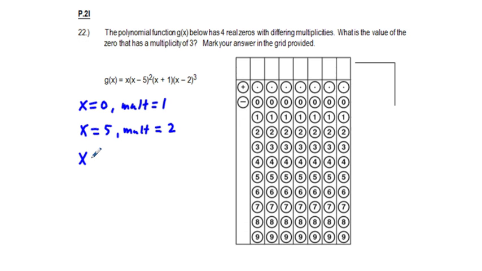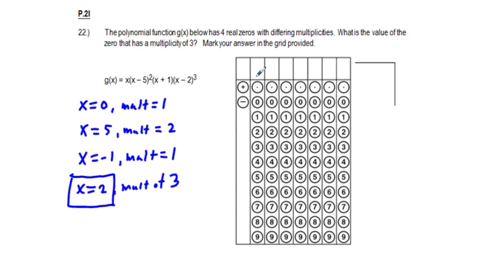This next one, x equals -1, has a multiplicity equal to 1. And lastly, this one here, x equals 2, has a multiplicity of 3. And so our answer is going to be this 2. So if we just put in 2 anywhere here, we can put a plus if we want to, but we don't have to. The thing assumes plus.